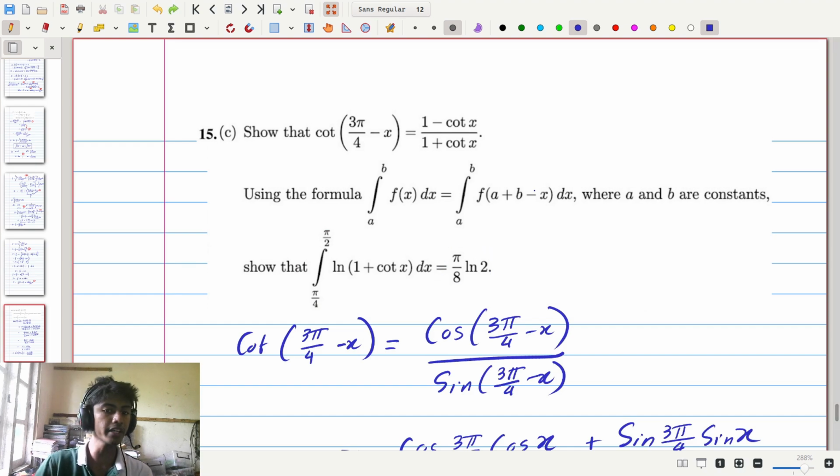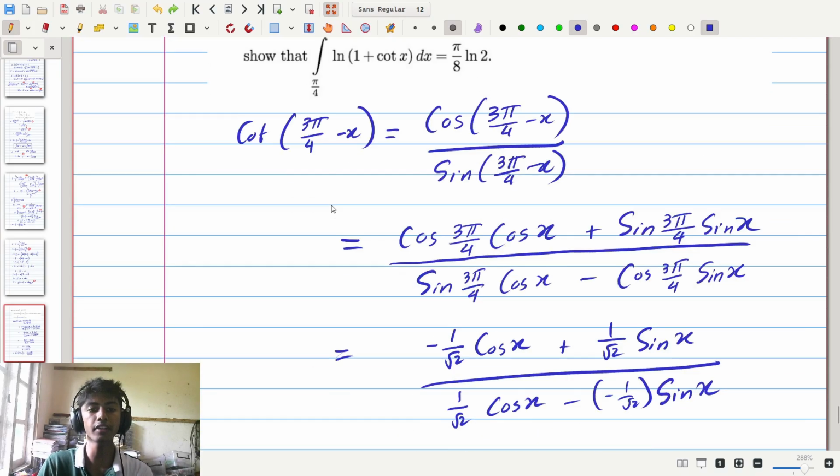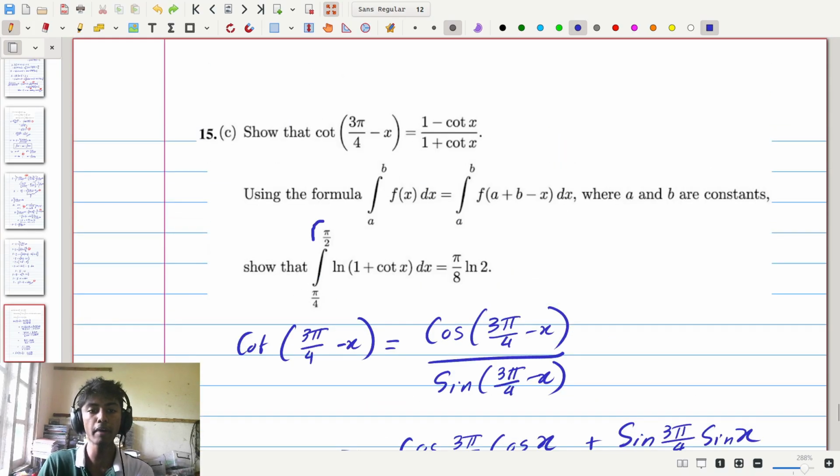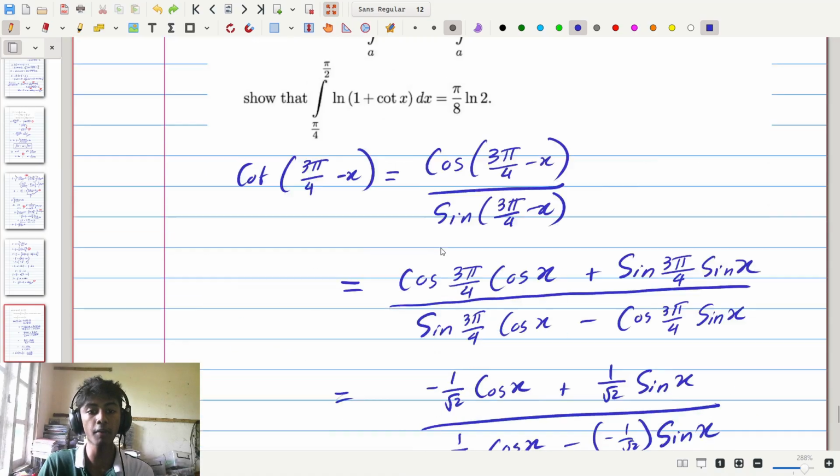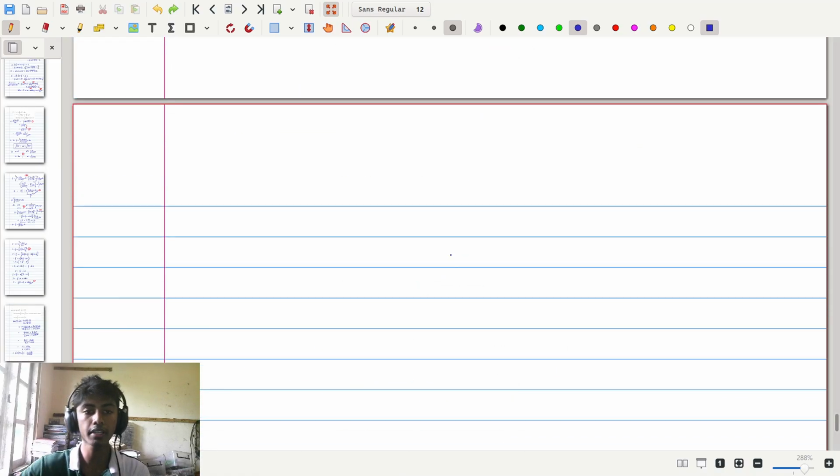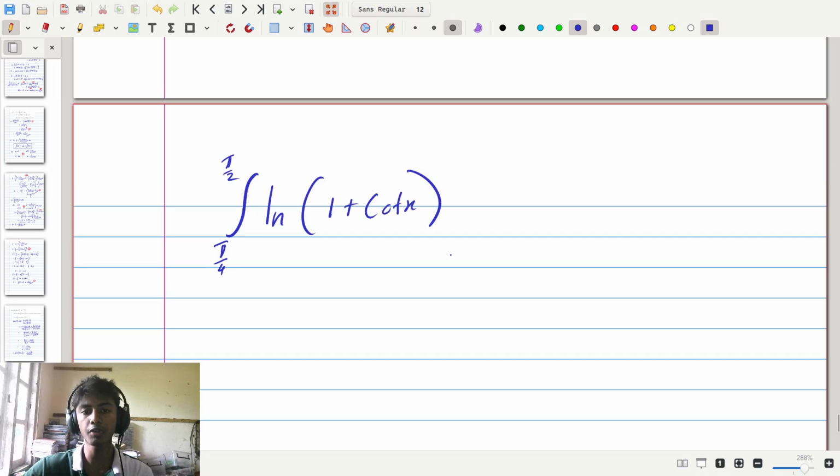Now in the integral, we can see the integral has an a and a b and a function, and therefore we can substitute in this formula into the integral, and therefore I can write this integral, which is the integral from pi by 4 to pi by 2 of natural logarithm of 1 plus cotangent of x dx.